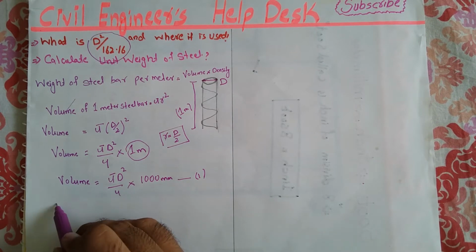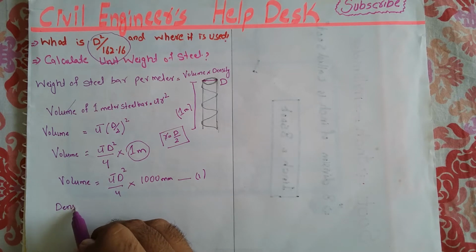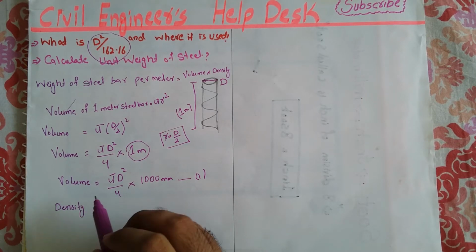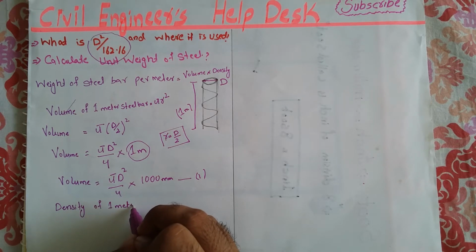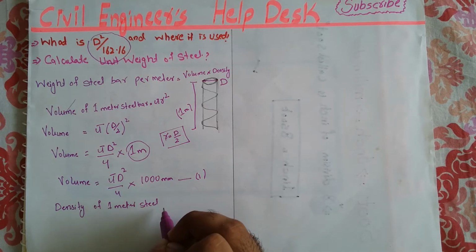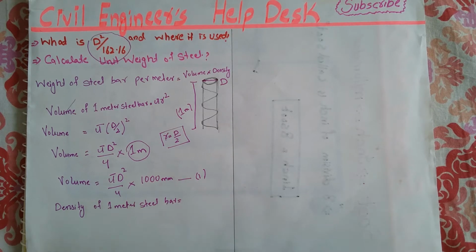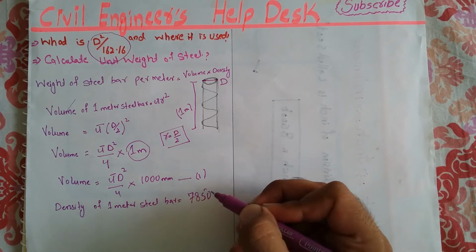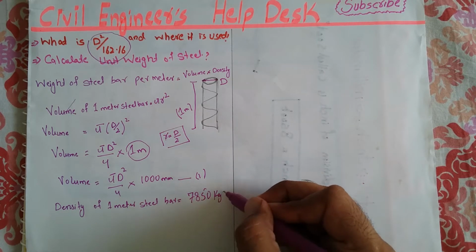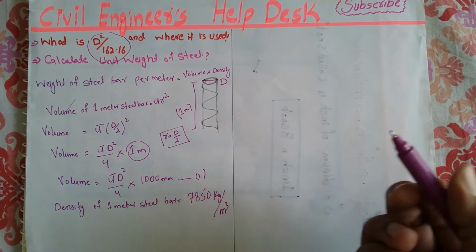Now we will calculate density of 1 meter steel bar. As you know, density of steel is 7850 kg per cubic meter.